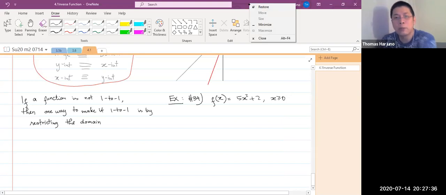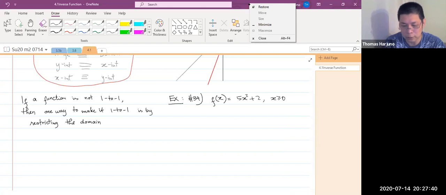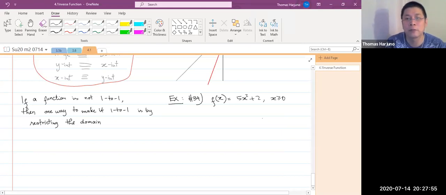Okay, so remember, a quadratic function is not supposed to be one-to-one, right? Quadratic function is not supposed to be one-to-one.